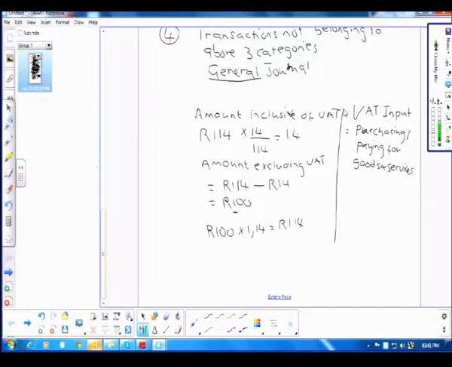When you are purchasing or paying for goods and services, you will be paying VAT input, but VAT output will come through when you sell the goods and services.